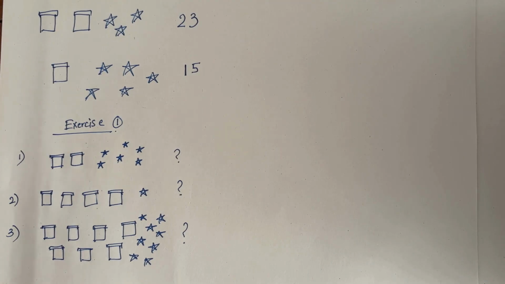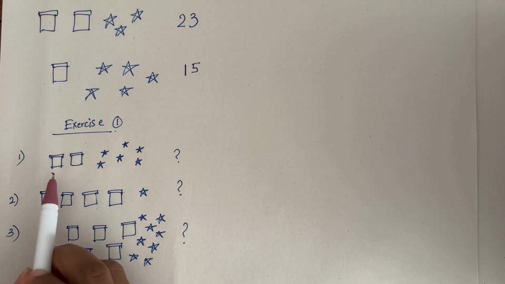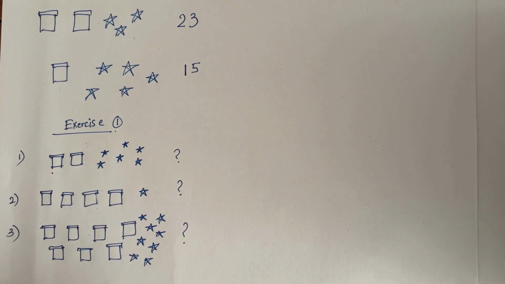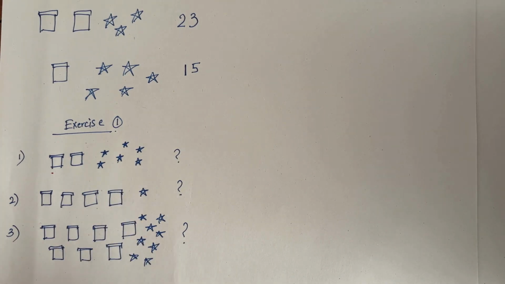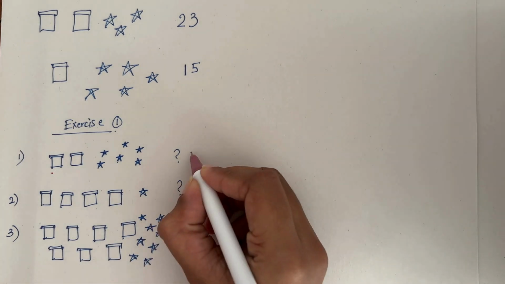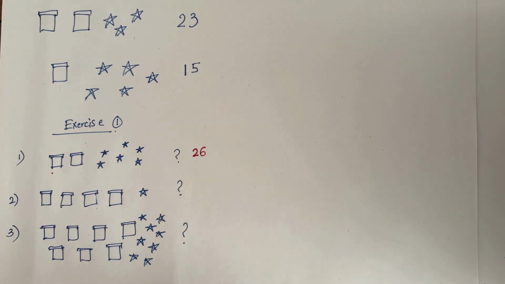Now you can write the answers. Here we have 2 boxes, that means 2 sets of 10 stars: 10 stars, 10 stars, so altogether 20. And here we have 6 single stars. So the number of stars altogether is 26.